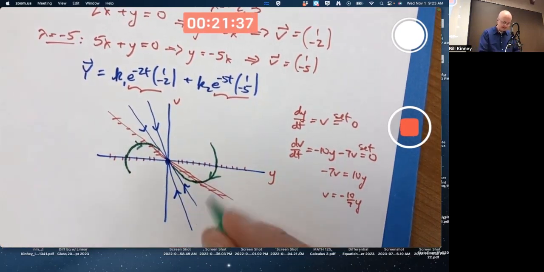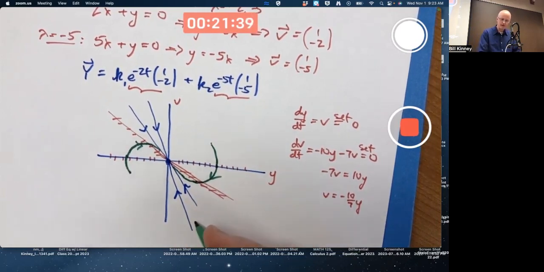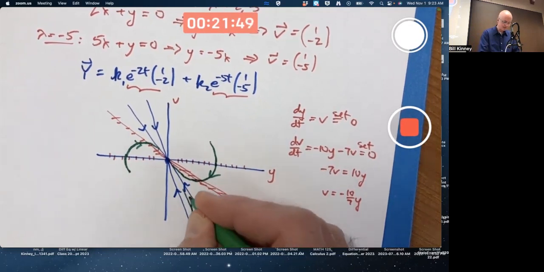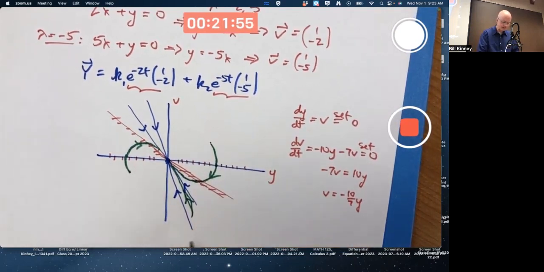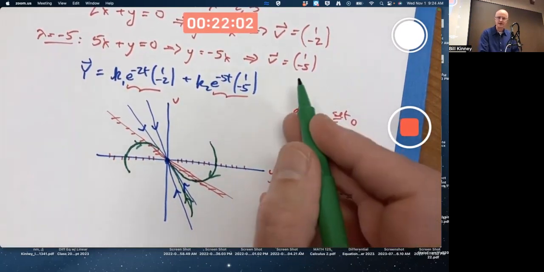What about if you started in this thin wedge here, like initial condition down there? This is pretty subtle. Am I tangent to this line or the other line? It's going to be tangent to this one, it turns out. What's a quick way to know that? Well, all the solutions except for this straight line solution right there have to be tangent to the other one, is sort of the main result, if your eigenvalues are different from each other, which they are here.